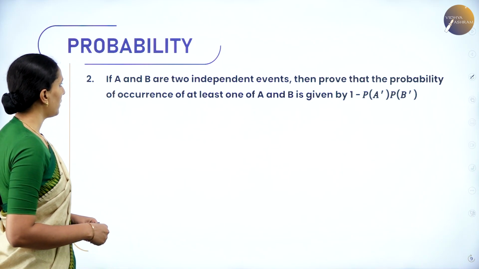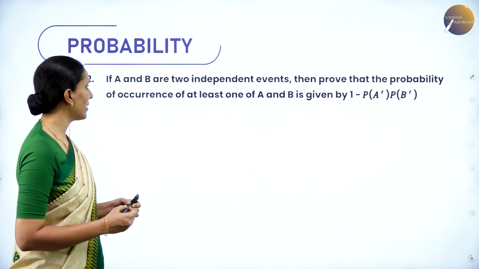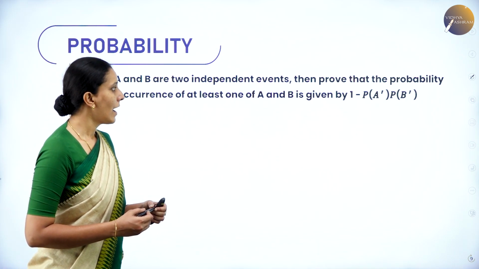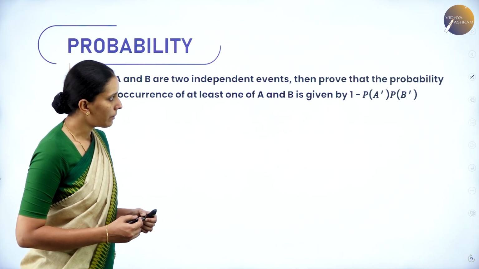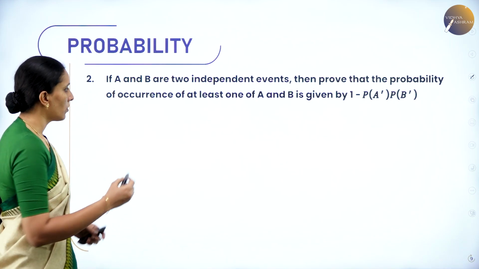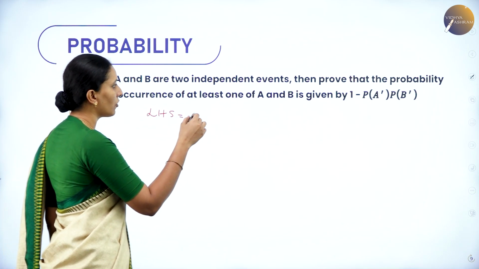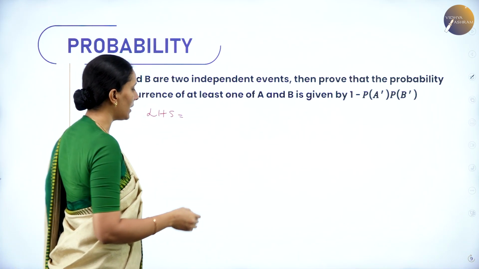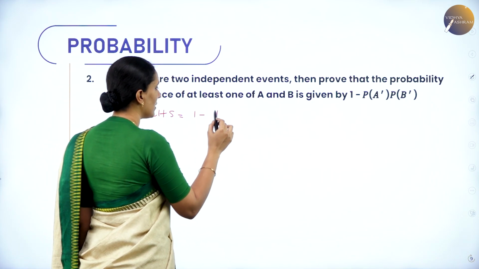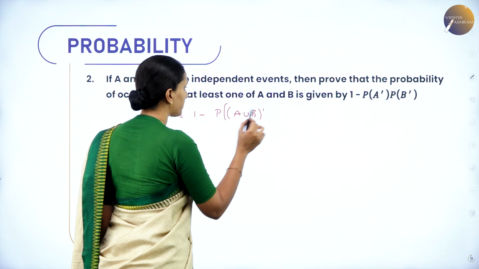Next. If A and B are two independent events, then prove that the probability of occurrence of at least one of A and B is given by 1 minus P of A dash, P of B dash. So now let us consider the LHS. Probability of occurrence of at least one of A and B can be written as 1 minus probability of A union B whole dash.